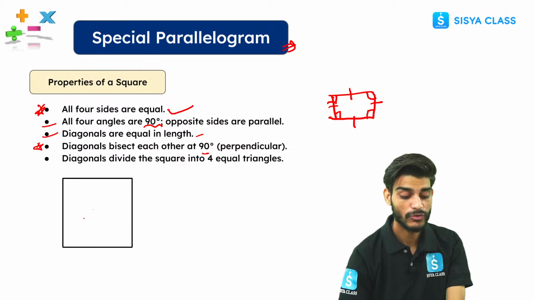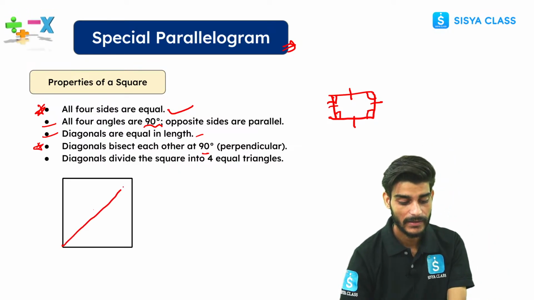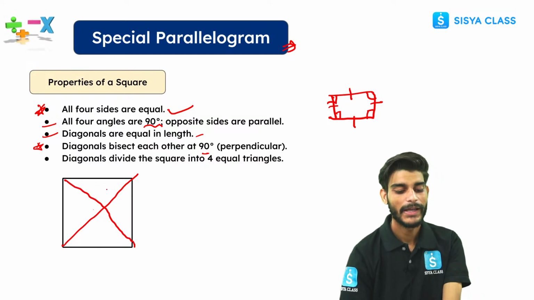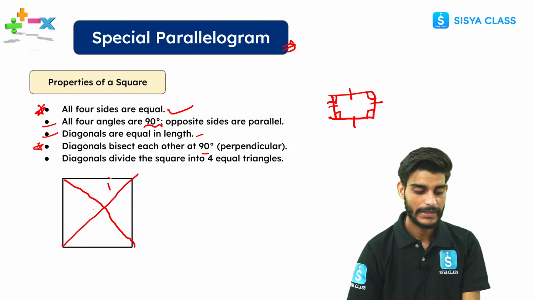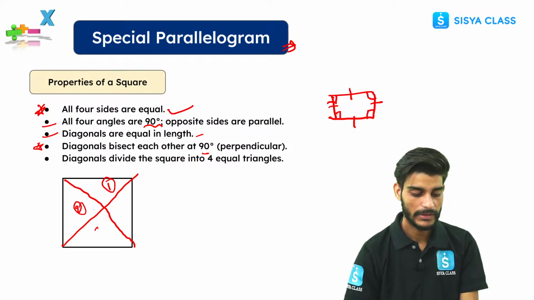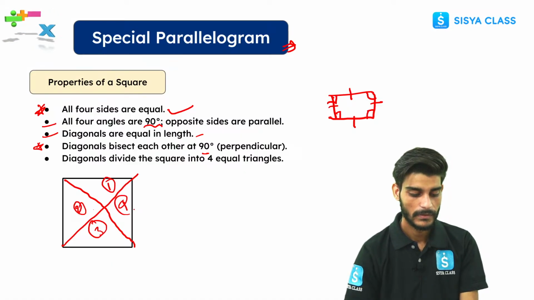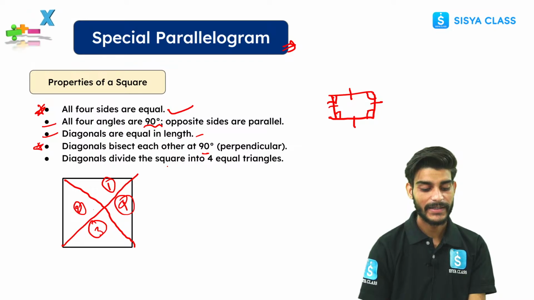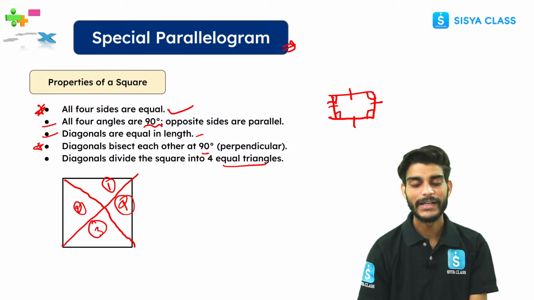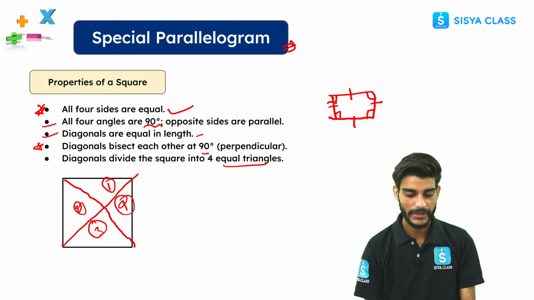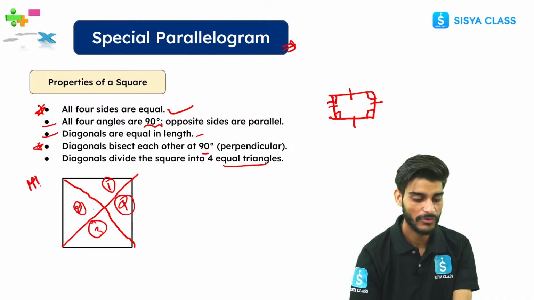So suppose we have a square here, and if I make the diagonals, we have four triangles: 1, 2, 3, 4. These four triangles are equal triangles. How will you prove it? I'm giving this to you as homework, please do it.